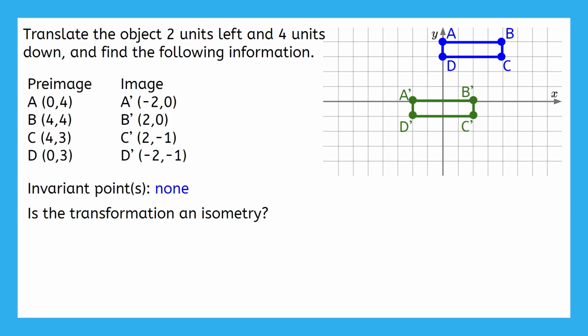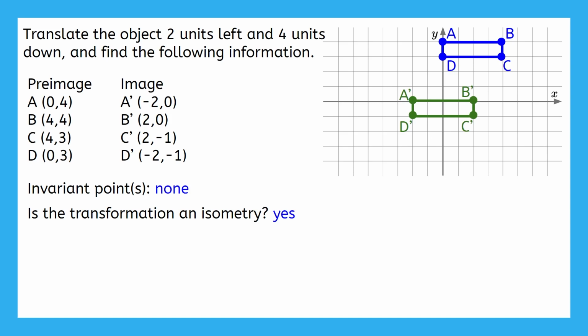Now we have to decide if the transformation is an isometry. When the rectangle moved to the left and down, did it get bigger or smaller? Did it get skinnier or wider? Since it maintained its shape and size, it is an isometry. What kind of translation would not be an isometry?